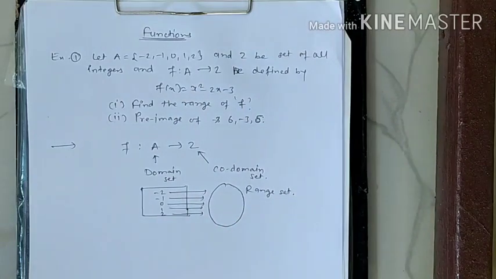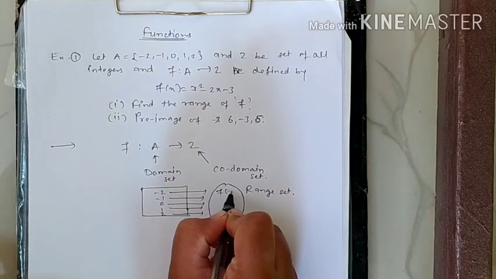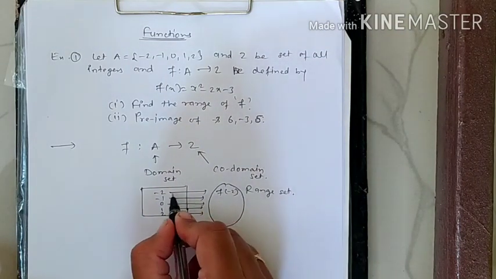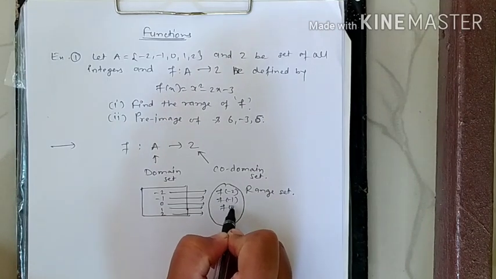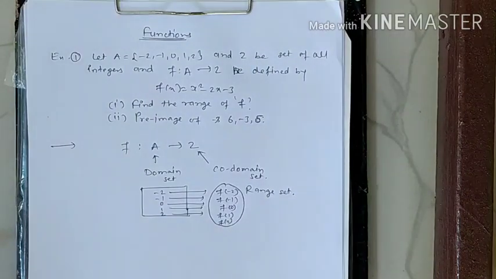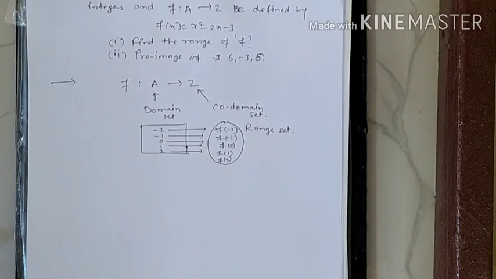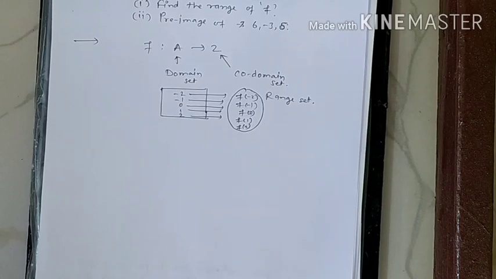By this diagram you will get, for -2, what will be the value of f of -2. It will be the image for -2. Then f of -1, f of 0, f of 1 and f of 2 we have to find. Getting? Any doubt in this? Okay, yes, it is correct.